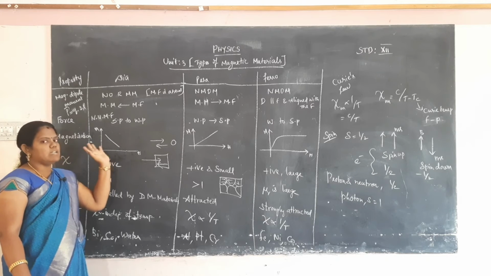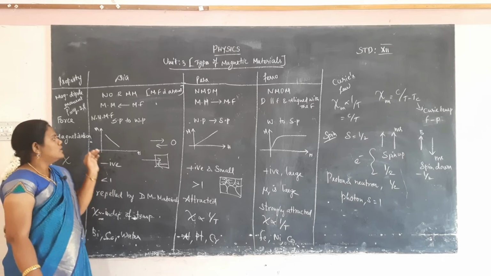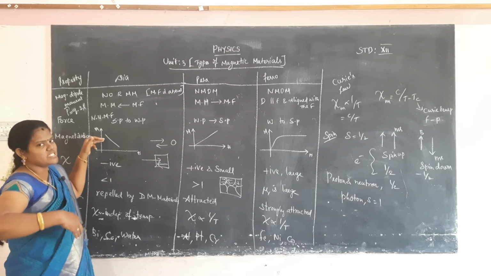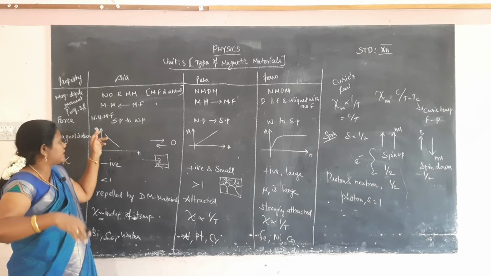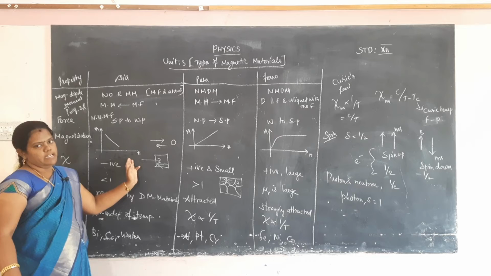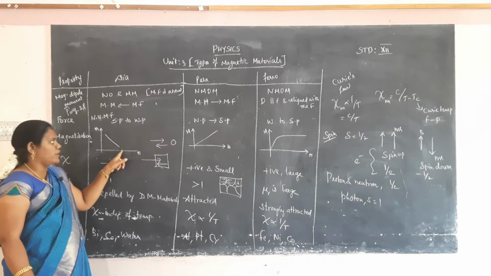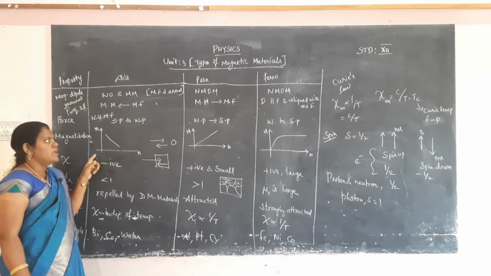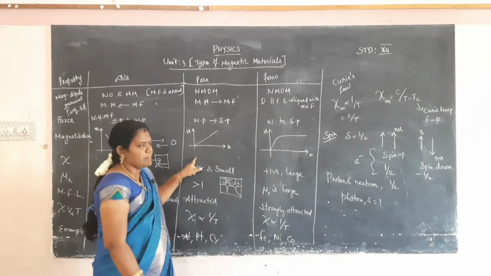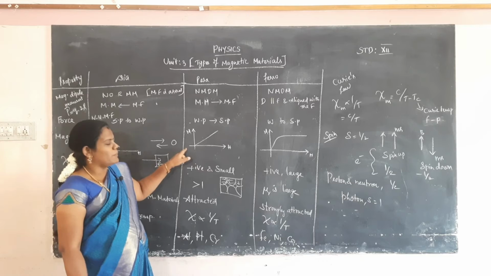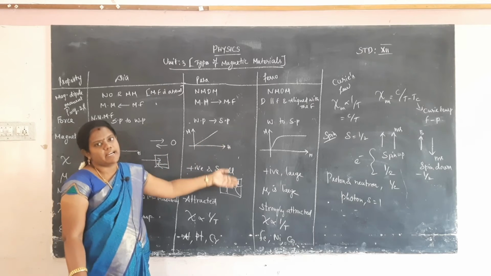For diamagnetic material it will be a straight line in the opposite direction, because the value first attains a maximum level and then decreases. That is diamagnetic material. In paramagnetic material, the magnetization increases gradually with the increasing magnetizing field.